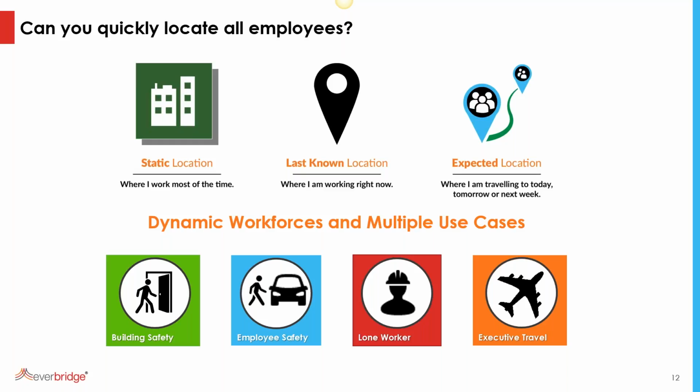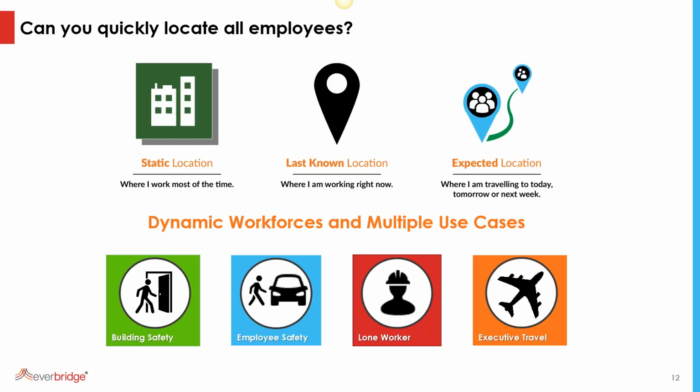They may also have an expected location. Expected location is where they are going to be, where they are going to travel, perhaps a travel itinerary. So by keeping these three location types in mind, we're going to have a better idea of where people are and whether they're going to be affected by a location-based threat.